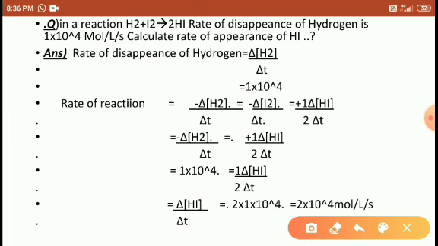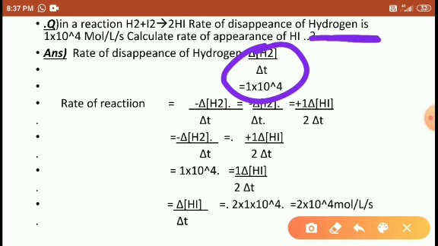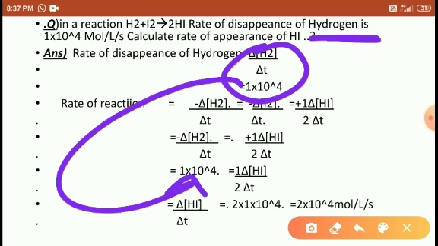So we use the change in concentration of hydrogen with respect to time equal to stoichiometry 1 by 2, because here hydrogen is 1 mole and HI is 2 moles, times the change in concentration of hydrogen iodide with respect to time. In place of the hydrogen concentration I use 1 into 10 to the power of 4.